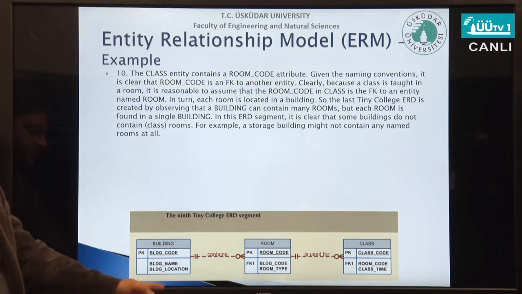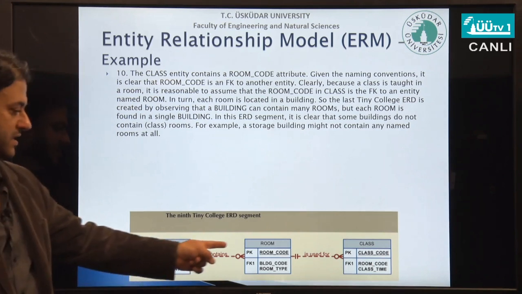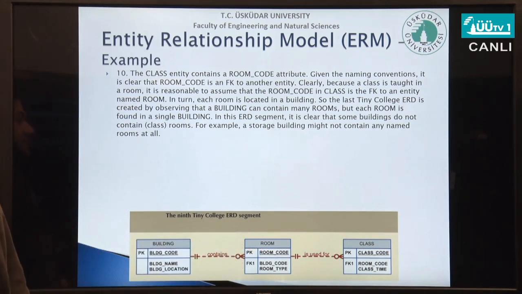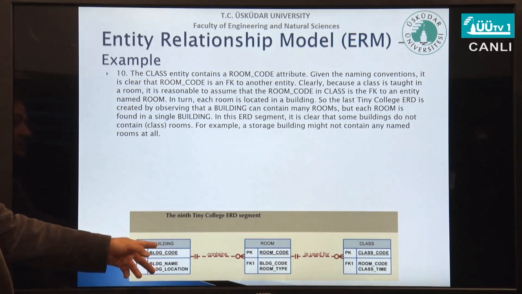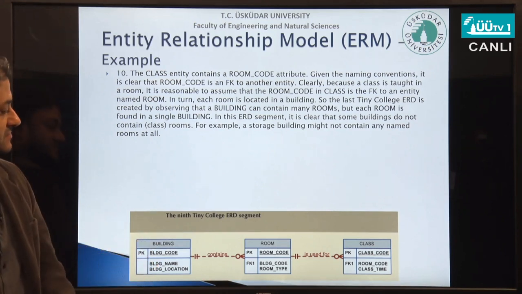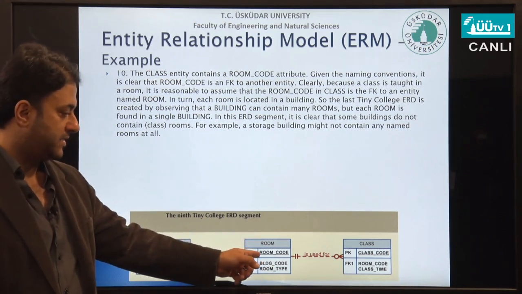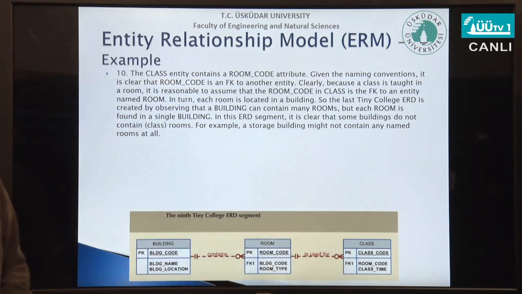But sometimes, if we talk about the buildings and the rooms, some buildings might be empty, like a warehouse, which doesn't contain any rooms. So some buildings, like warehouses, don't contain any rooms. And some rooms don't have any classes, for example this studio.